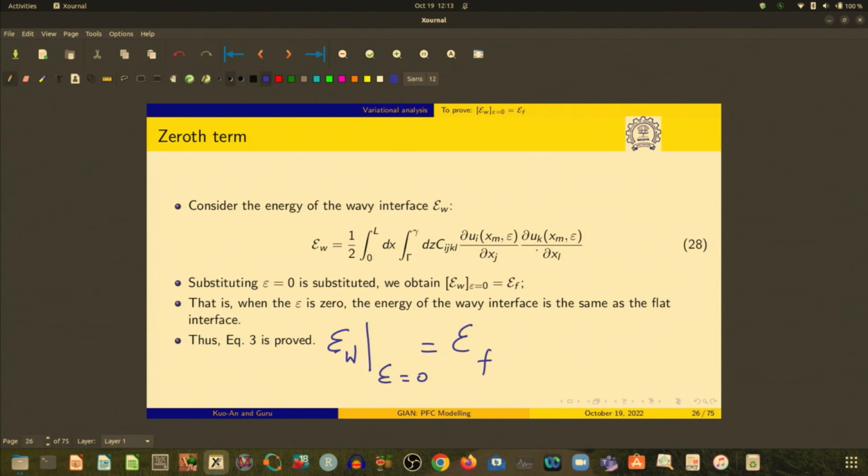Can you see why? C_ijkl is symmetric. So, if you have C_ijkl with ∂/∂epsilon acting on ∂u_i/∂x_j, that will be the same as ∂/∂epsilon acting on ∂u_k/∂x_l. So, I have actually taken that, they are the same, so I made it 2 times this, that is how the 2 got cancelled.